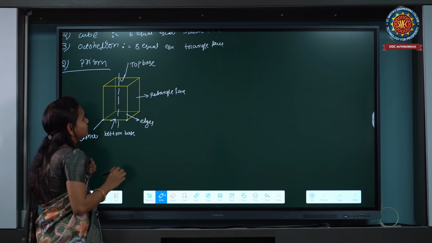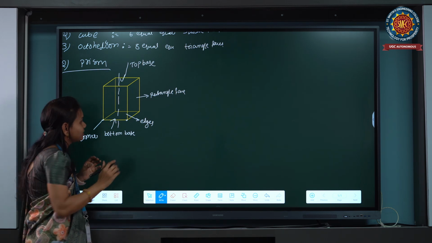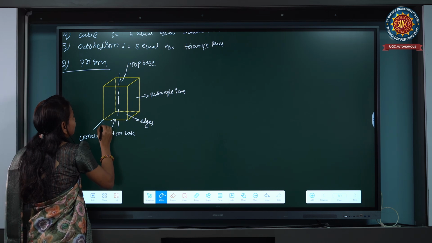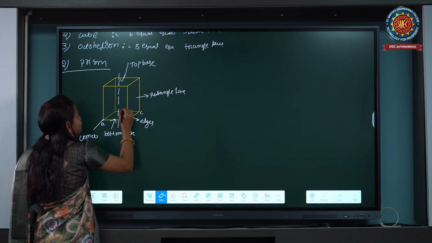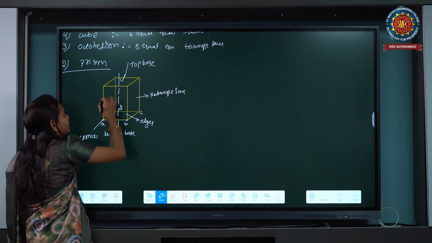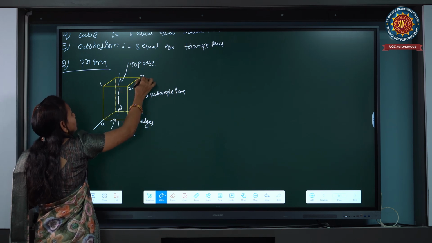In this prism, for labeling, on one side we give A, B, C, D, and on the other side we give numerical values 1, 2, 3, 4.